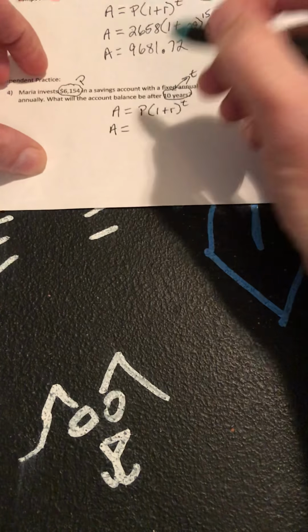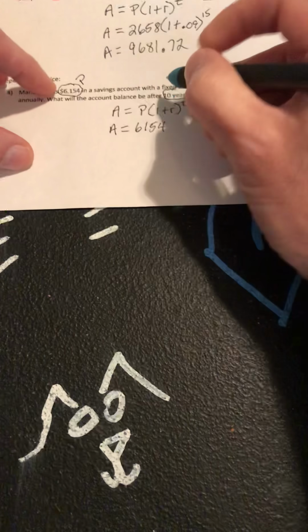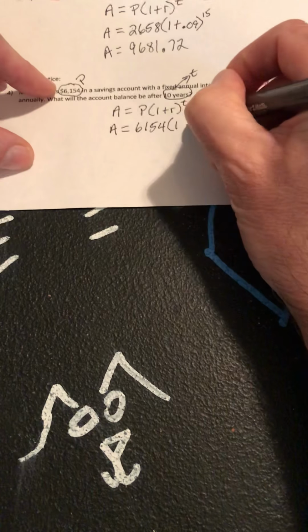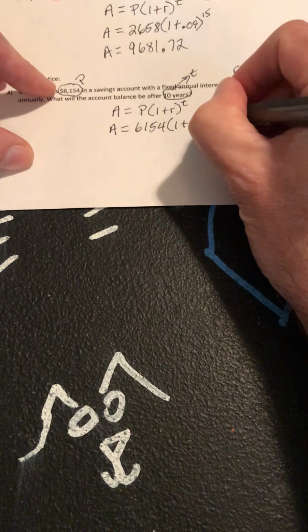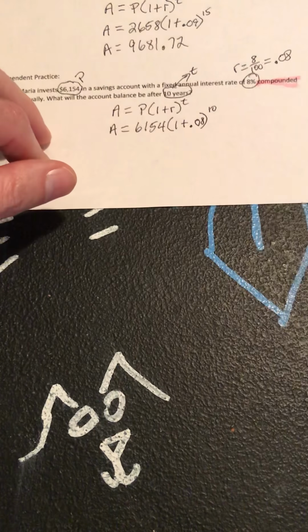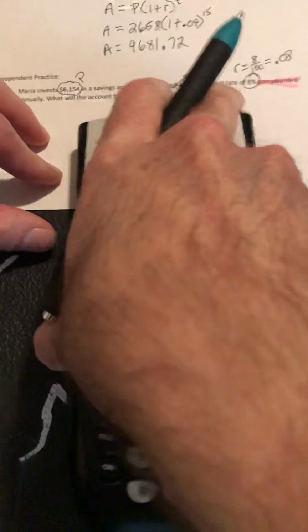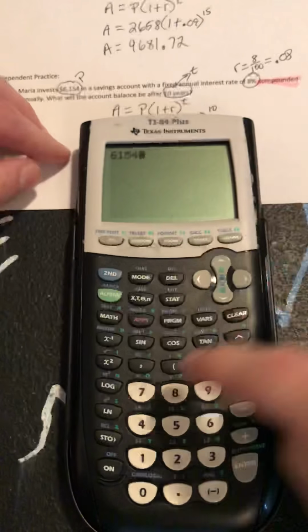Start substituting these numbers back in. So the P becomes 6,154. That's our principal. In parentheses, we're going to multiply by 1 plus 0.08. We're going to raise that to a power of 10. Let's type that into our calculator. So our original $6,154.